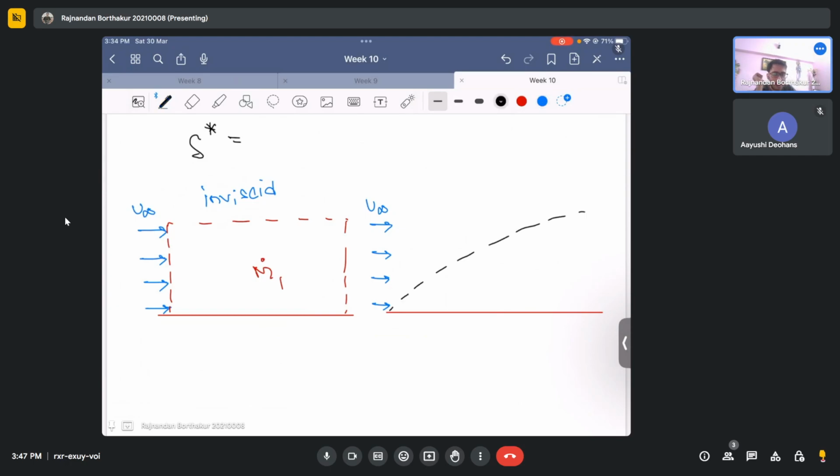For this reason, if you want to get the same mass flow rate, you need to shift your boundary layer by some more length in order to compensate for the loss of mass flow rate. That is typically known as the displacement thickness.